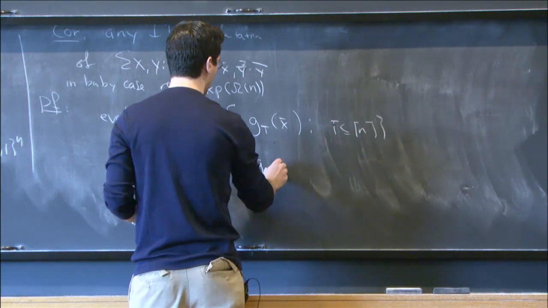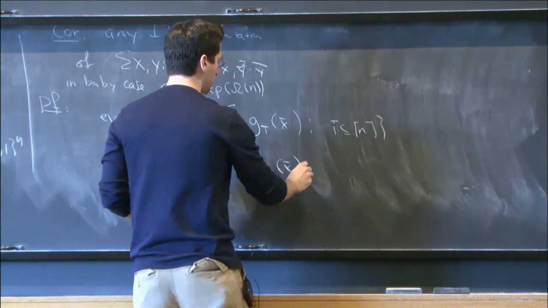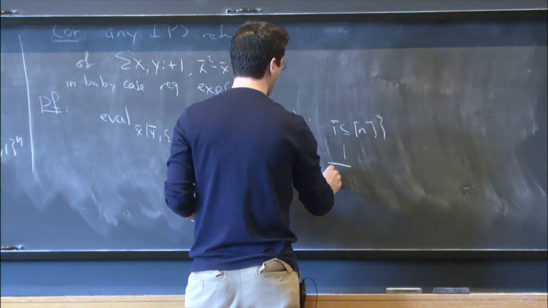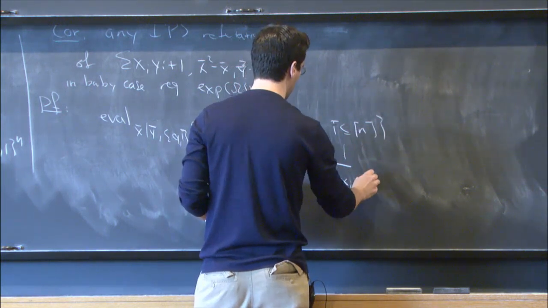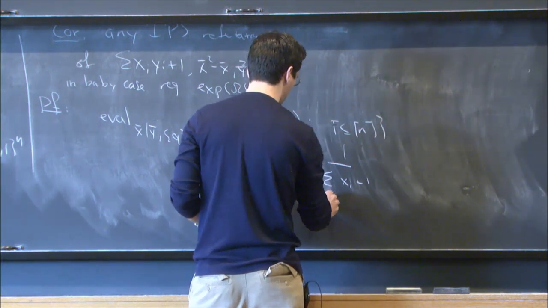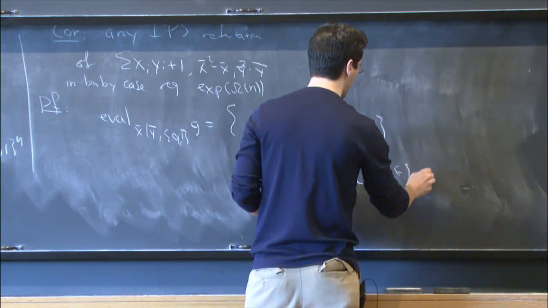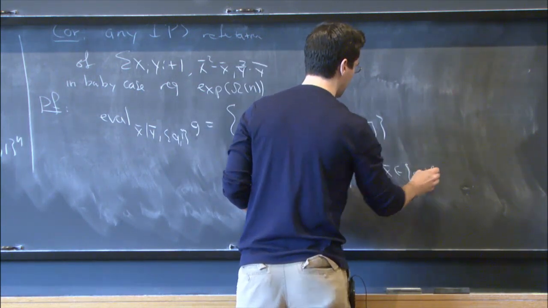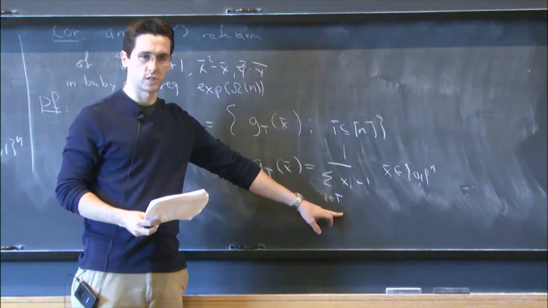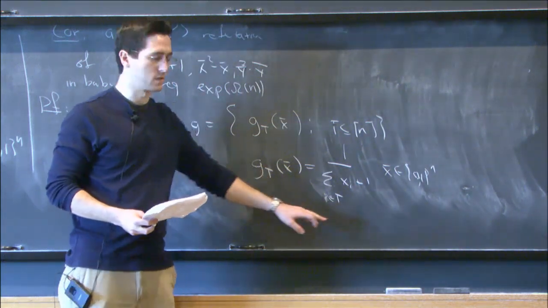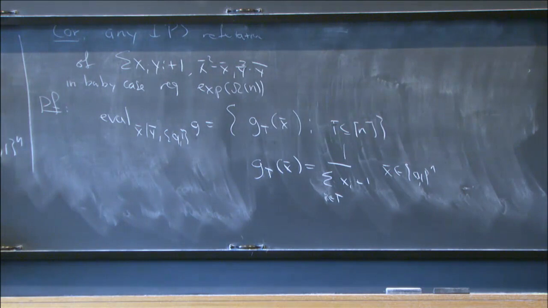So G of t obeys the functional equation, which is a subset sum axiom. But it's not exactly a subset sum axiom. It's a subset sum restricted to the set T. Basically, you're setting some of these y's to 0 and some to 1.